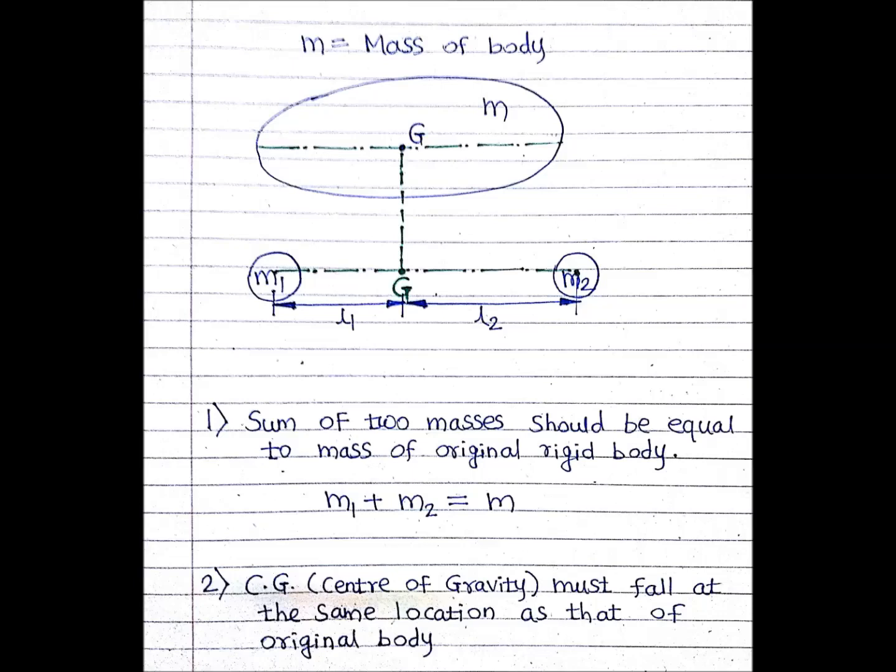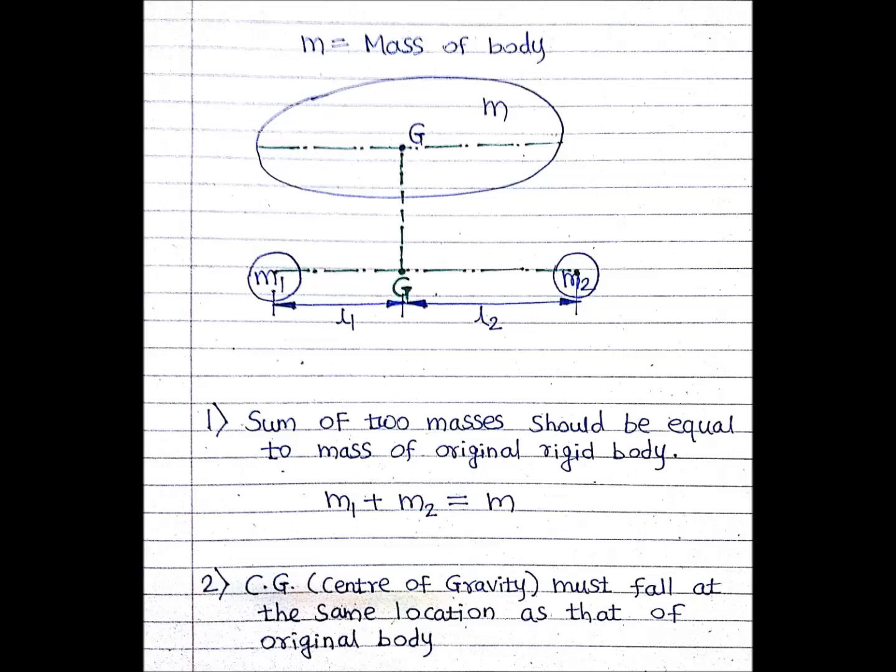So when is it possible? It is possible only when the moment due to the mass on the left hand side is equal to the moment due to the mass on the right hand side. Here you can notice on screen mass m1 is at distance L1 from CG and mass m2 is at distance L2 from CG.